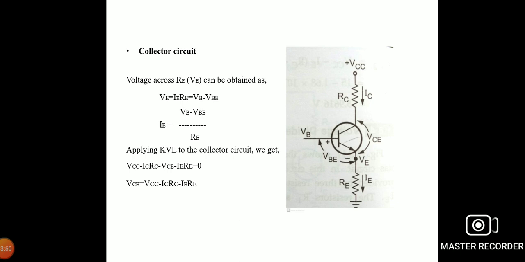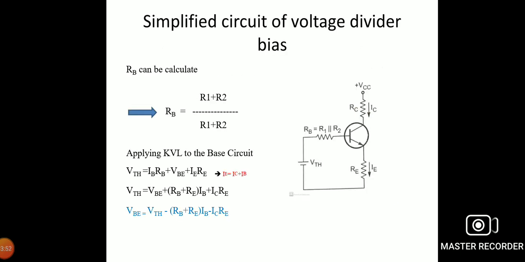In the simplified circuit of voltage divider biasing, the base resistance can be calculated as R1 times R2 divided by R1 plus R2. This is the Thevenin resistance. Applying Kirchhoff's voltage law to the base circuit, the Thevenin voltage is equal to the base current into the base resistance, plus the base-emitter voltage, plus the emitter current into the emitter resistance.